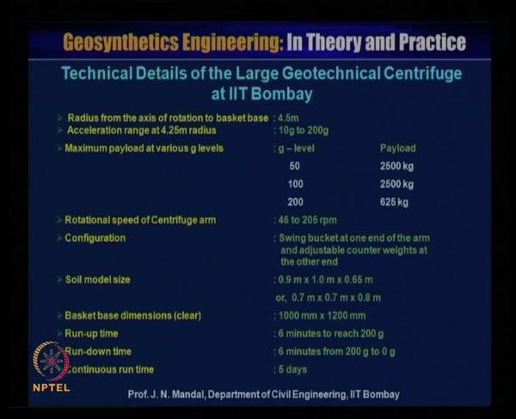The technical details of the large geotechnical centrifuge at IIT Bombay: the radius from the axis of rotation to the basket base is about 4.5 meters, and the acceleration range at 4.26 meter radius is from 10 G to 200 G. Maximum payload at various G levels: if the G level is 50, the payload is 2500 kg; if 100, the payload is 2500 kg; and if 200, the payload is 625 kg.